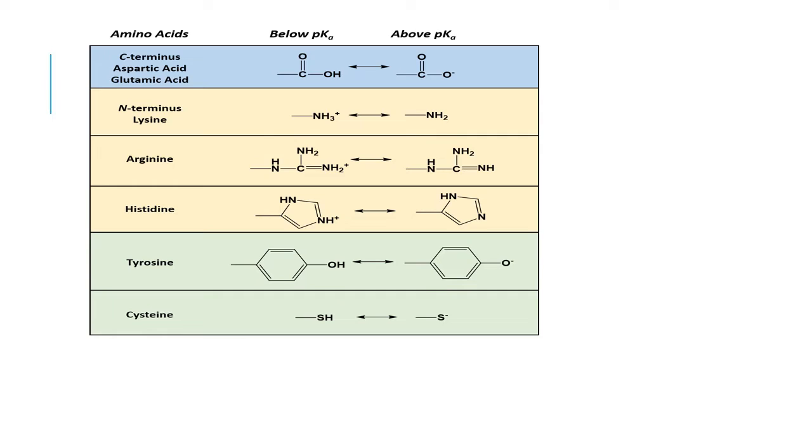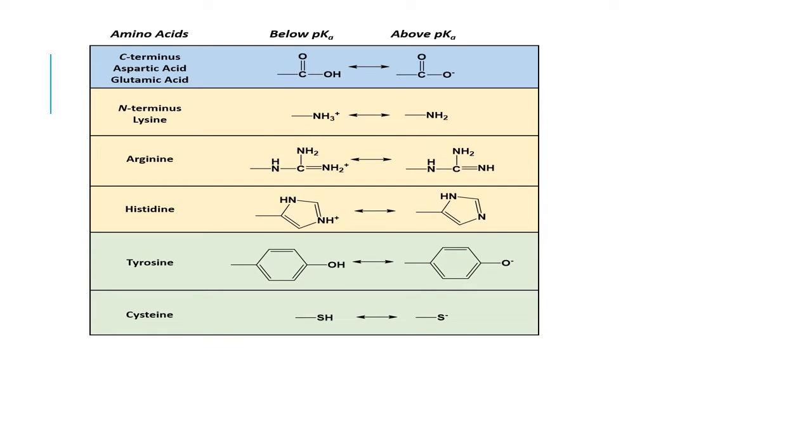We have the first one, aspartic acid, then glutamic acid, lysine, arginine, histidine, tyrosine, and cysteine. These are the amino acids we mentioned earlier.